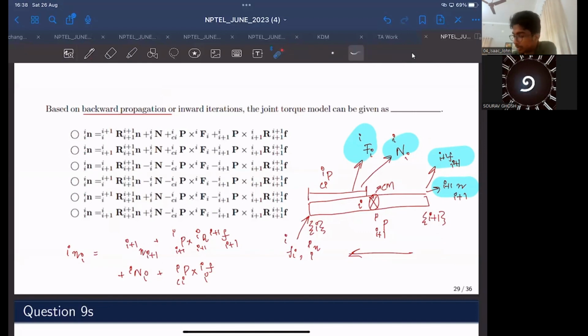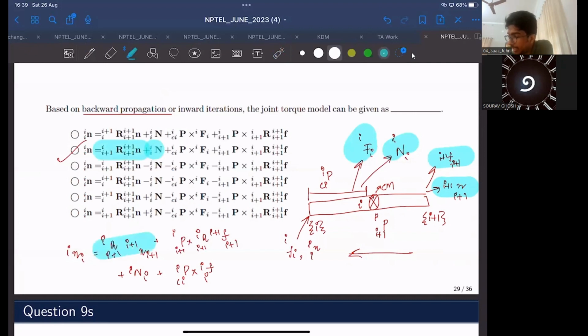So in that regard, which is the correct option? This term we have to bring back to the ith frame. So the correct rotational matrix would be I R I plus 1, right? So in that regard, option 2 is, I guess, your final option. Let me check that, option 2. So this term matches with our own term.